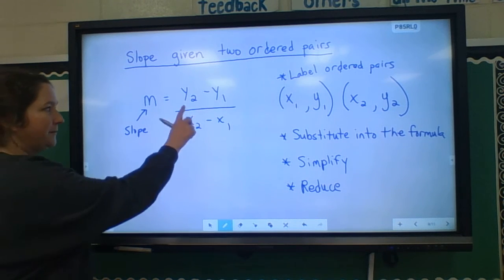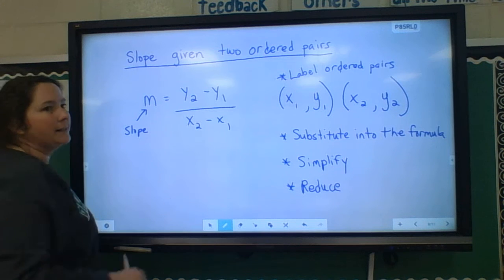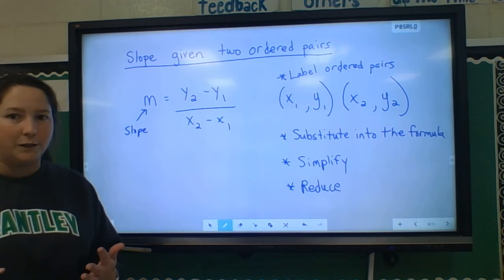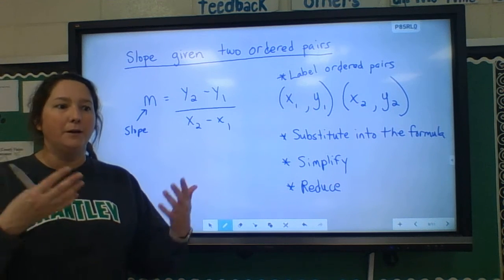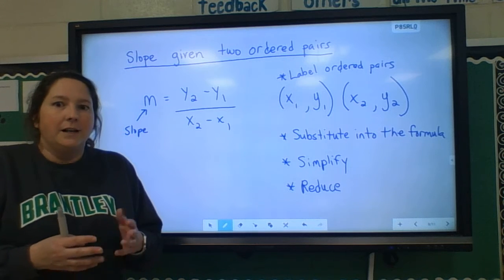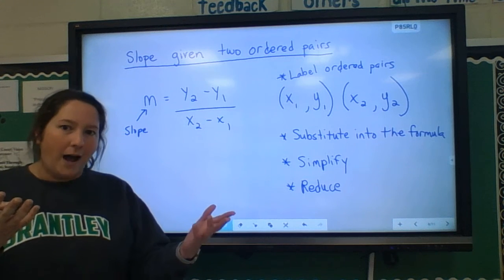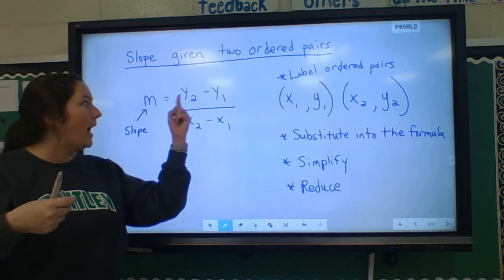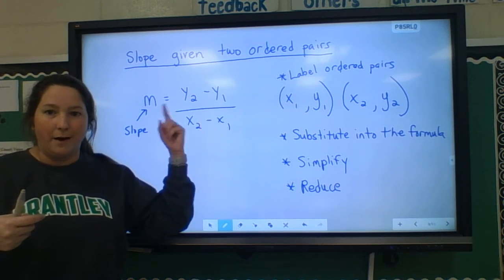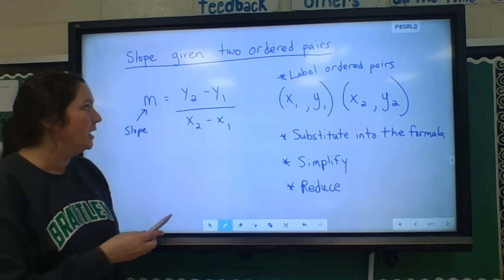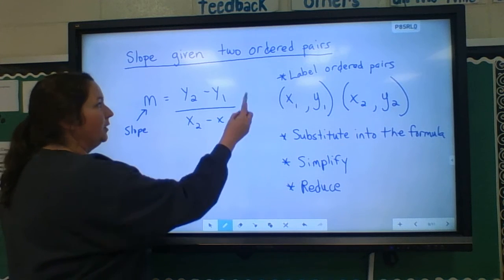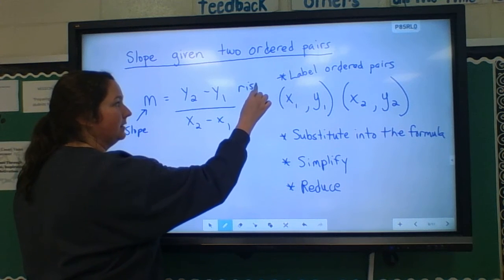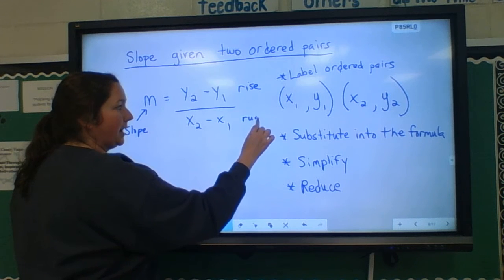All right, so we have some Y's and some X's. Well, of course we do, because it comes from an ordered pair. And what's in an ordered pair? X's and Y's. It only makes sense for the Y's to be on top, in the numerator, because that is our rise over run.